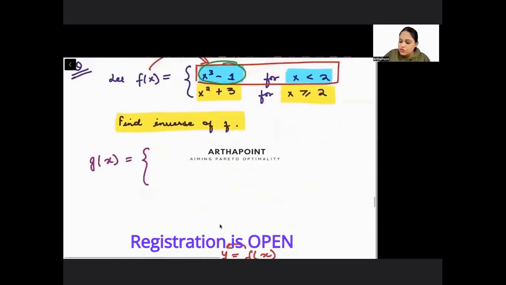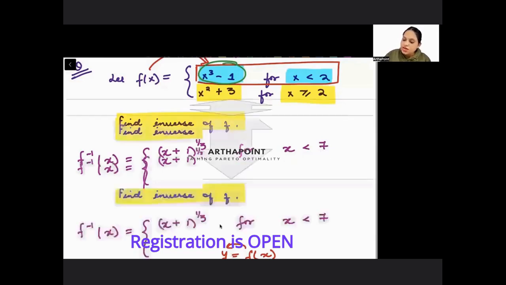So the inverse of this function can be written as f inverse x is x plus 1 to the power 1 by 3 for all x less than 7. ये इसका inverse function हो जाएगा.